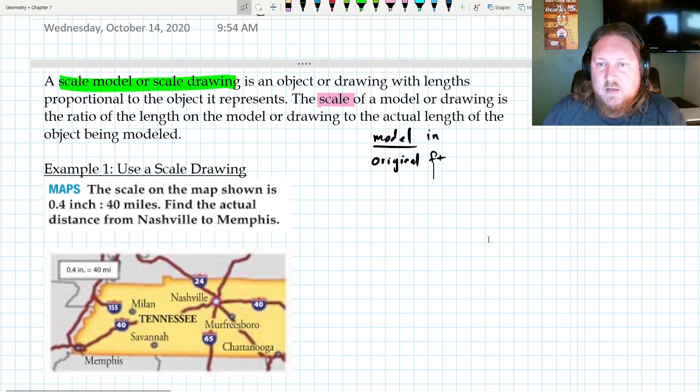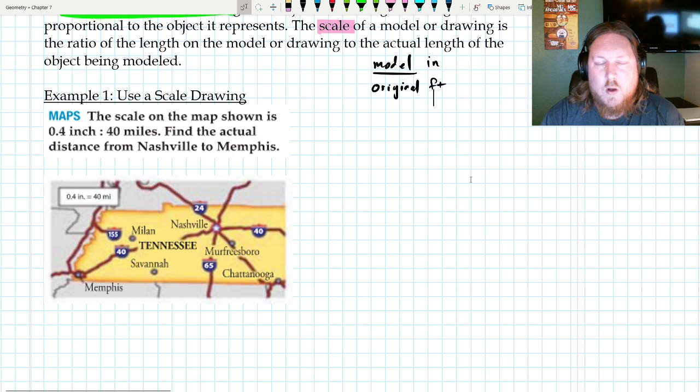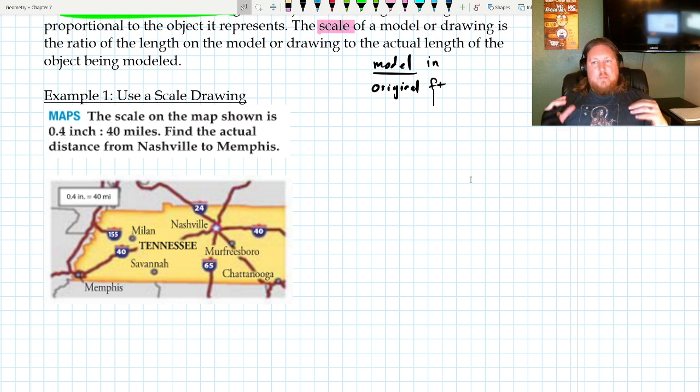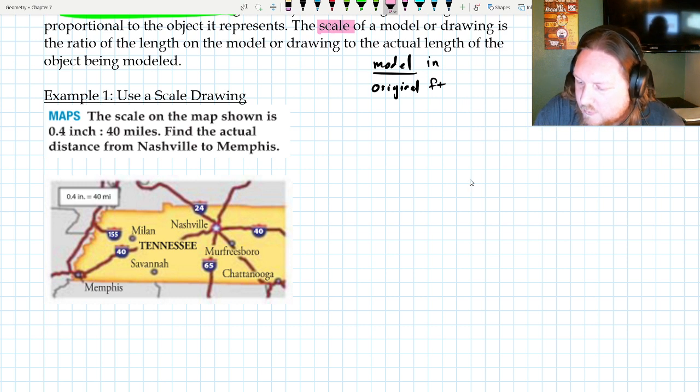So in example one, I'm going to use a scale drawing. One of the difficulties I have right now is I'm showing this to you on my computer screen, and I don't have a ruler on my computer screen. And I'm zoomed in. I pulled this picture out of the book. But if you had this book open right next to me, you would see, if you were to put a ruler between Nashville and Memphis, so let me draw a straight line there.